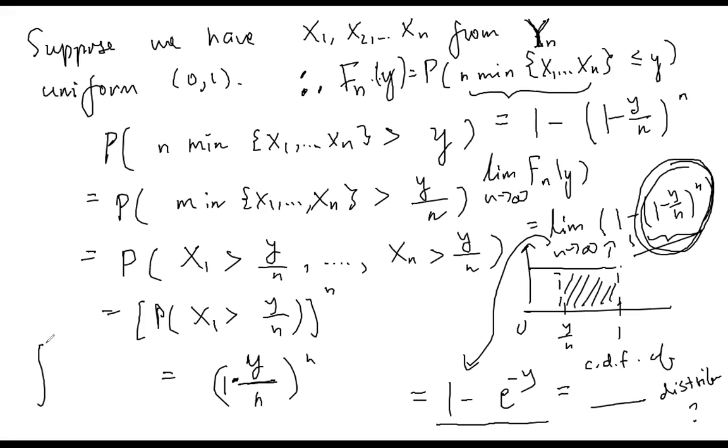So if you have an exponential distribution with lambda equals to 1, sometimes you have to be careful when you mention the exponential distribution. When you say an exponential distribution with parameter lambda, the PDF is written like this.